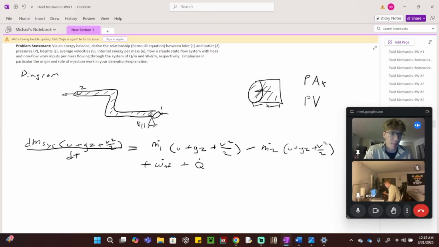However, we need this in the form of a mass, so we have pressure times mass over density, because volume is equal to mass over density. And this will be equal to our injection work of P over rho times m dot. So we're going to have plus P1 over rho m dot minus P2 over rho m dot to account for the injection.